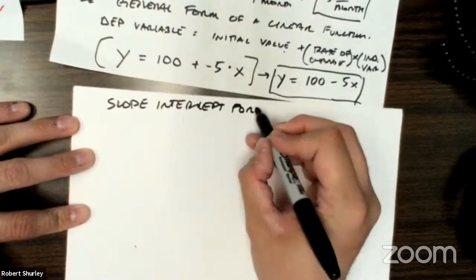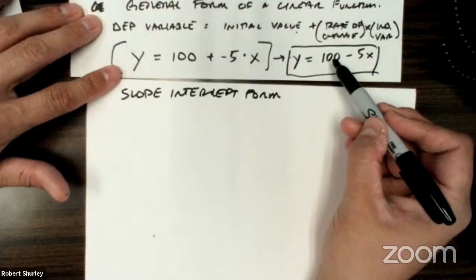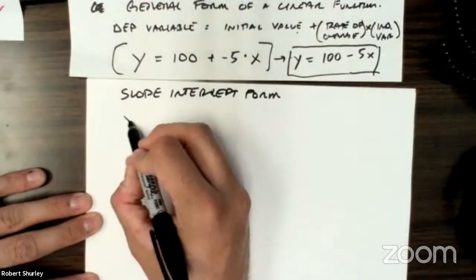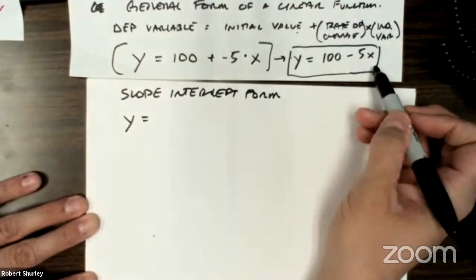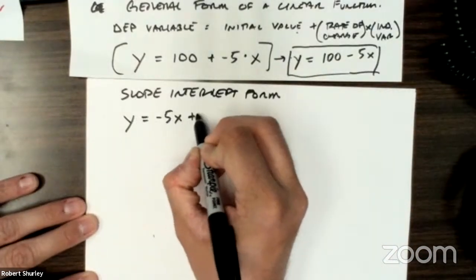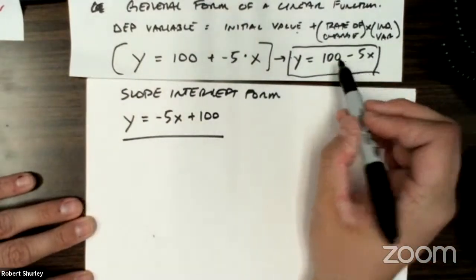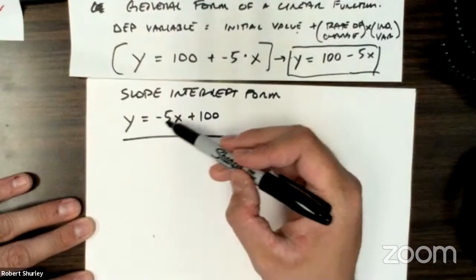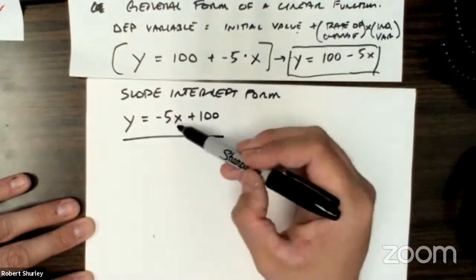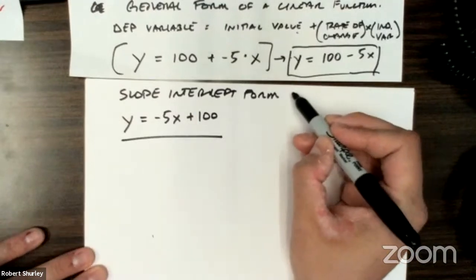All the slope-intercept form does is write the rate of change before the initial value. So for our example, 100 minus 5x, the slope-intercept form is going to be negative 5x plus 100. All you do is put the rate of change times the independent variable first, and then you put the initial value second.